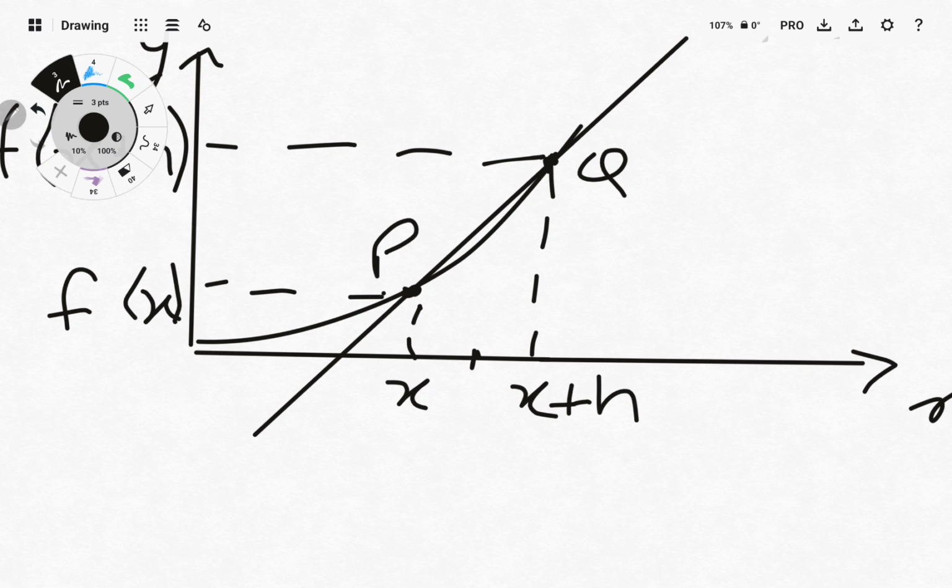If h is 0.5, it's still h, so it still represents Q. So the new Q, if h becomes smaller, will be somewhere around here.